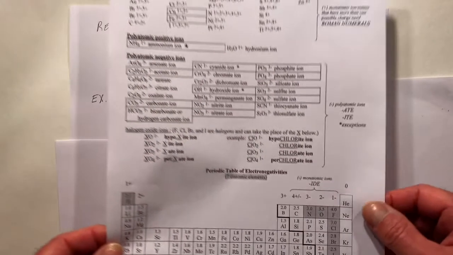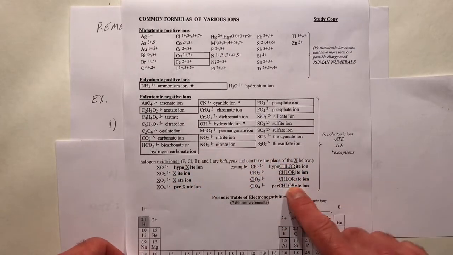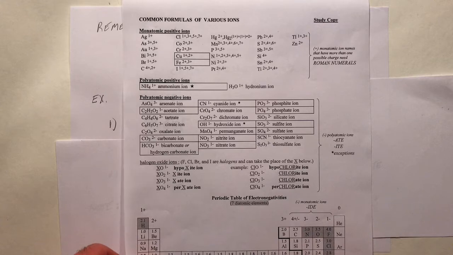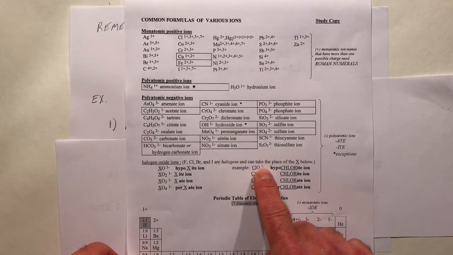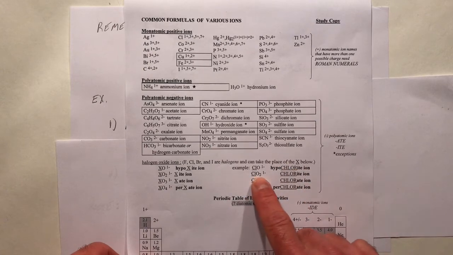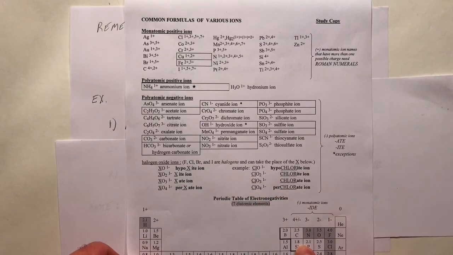But let's consider what the negative ions might be. Now ClO ions are all found here. If you watch the video where we talked about this ion sheet and where to find ions, these are called halogen oxides. They're ClO1 minus hypochlorite, ClO2 1 minus chlorite, ClO3 1 minus chlorate, and ClO4 1 minus perchlorate.